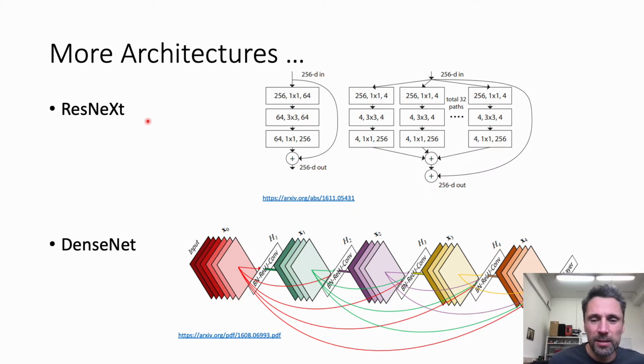So ResNeXt, kind of a successor to ResNet, also uses skip connections, where the input is added to the output of a block. And also DenseNet, a very popular image classification network, uses those skip connections.